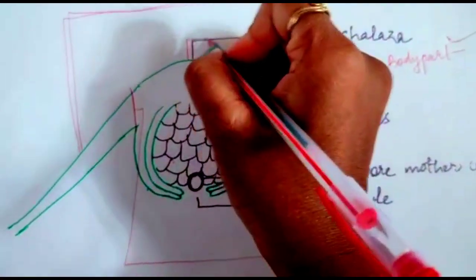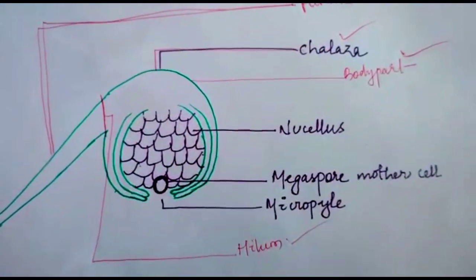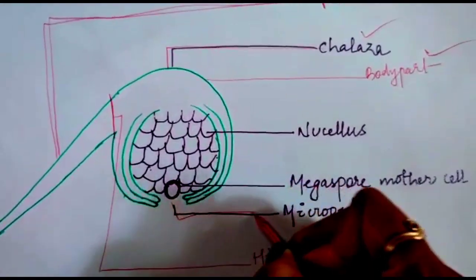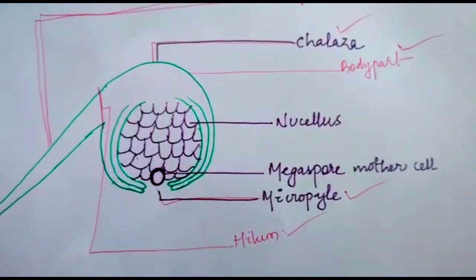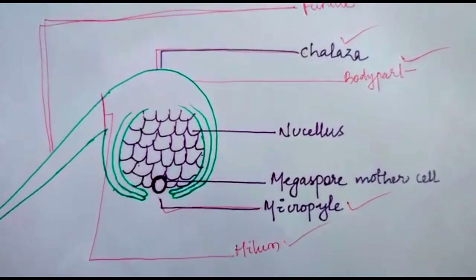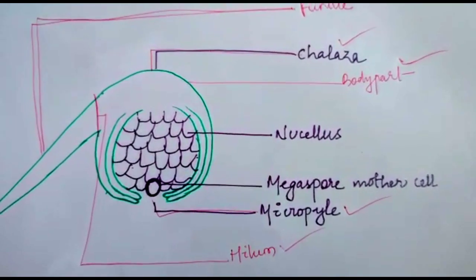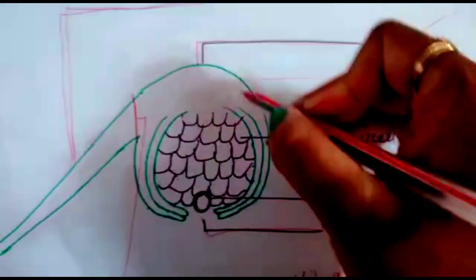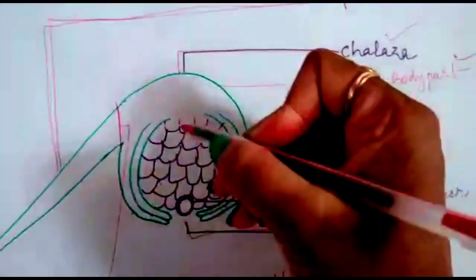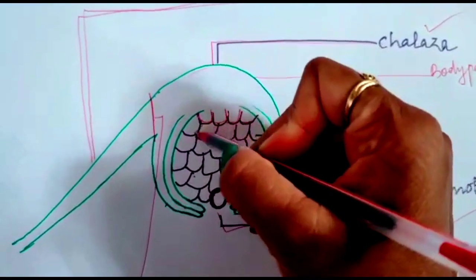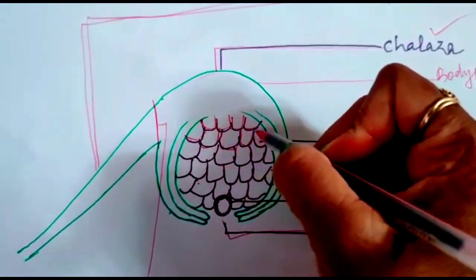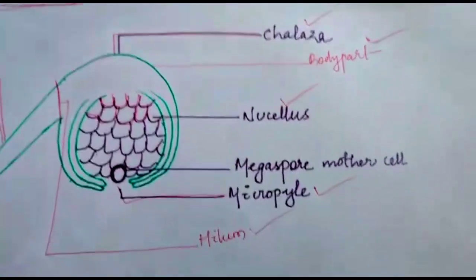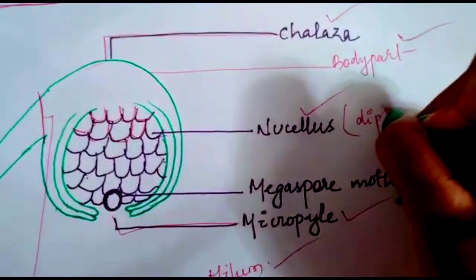So this is the chalazal end from where these two integuments arise, and this is the micropylar end where the two integuments are not joined, and it is a tiny opening. Inside the body there is a central mass of cells which is called the nucellus. All these nucellus cells are diploid.